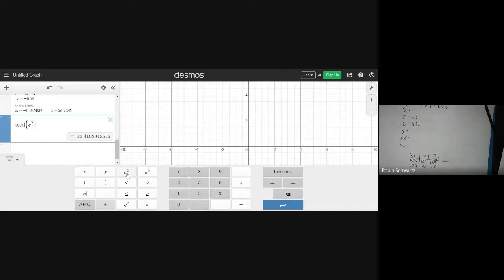So that's 32.419. And we divide by, formula says, what was it, n or n minus 2? N minus 2. So that will be 8.